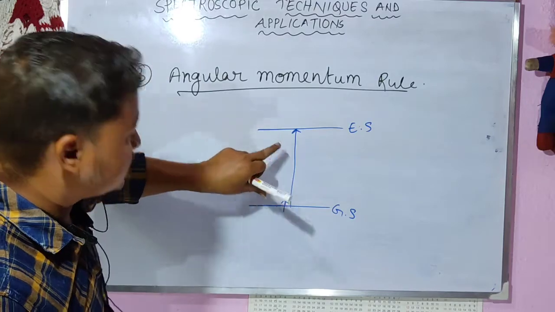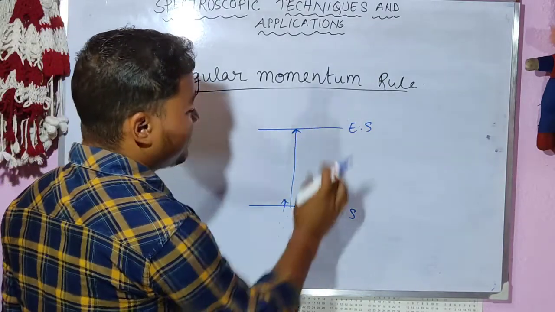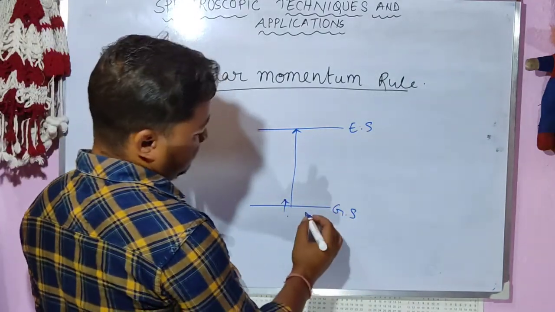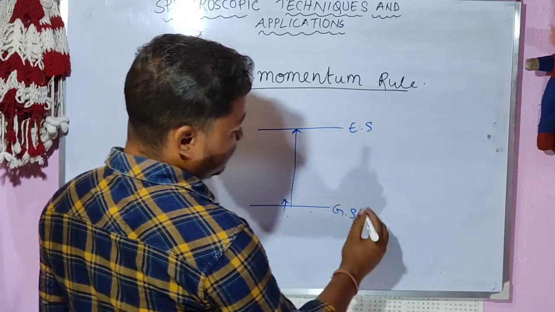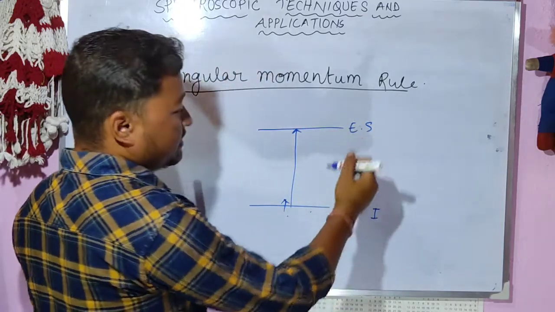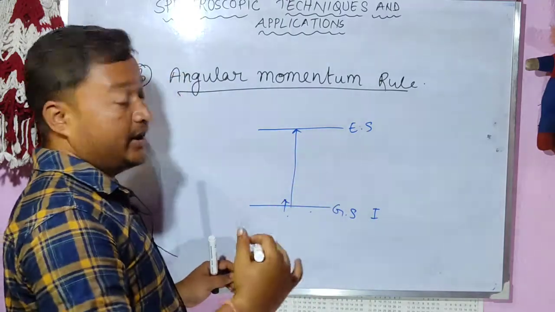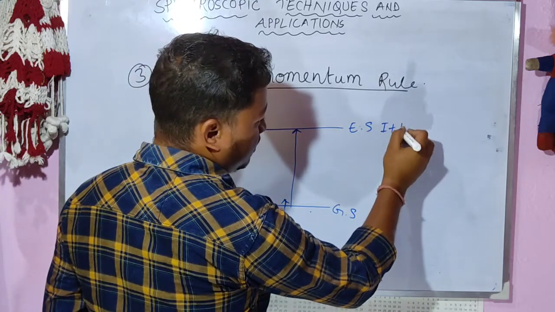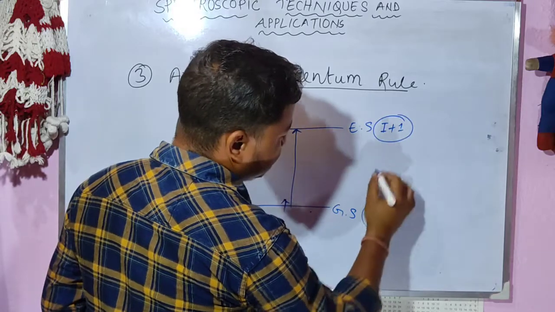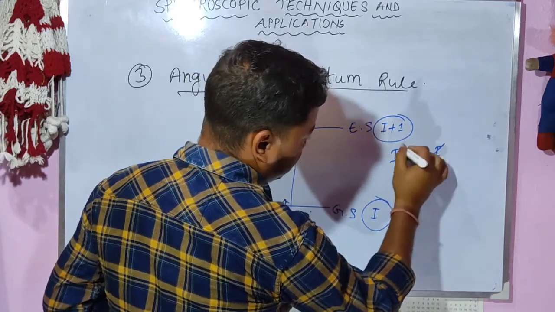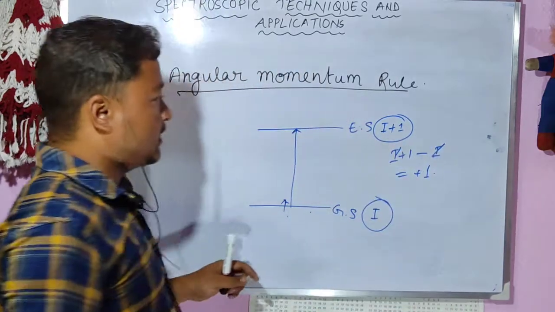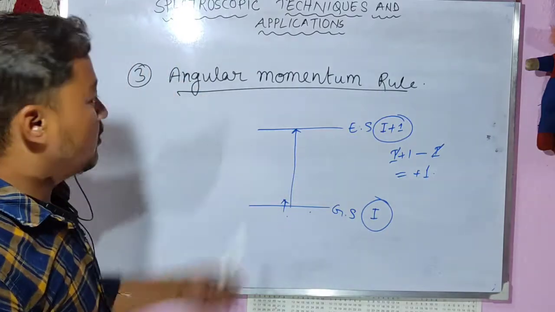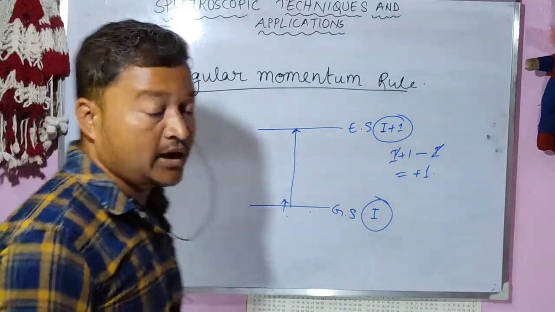The transition will occur only when the difference of angular momentum is 1 unit. That is, if the angular momentum of the ground state is l, the transition occurs only when the angular momentum of the excited state is l plus 1. The difference is l plus 1 minus l, that is plus 1. Only when the difference is plus or minus 1 does the transition occur. This is the angular momentum rule.